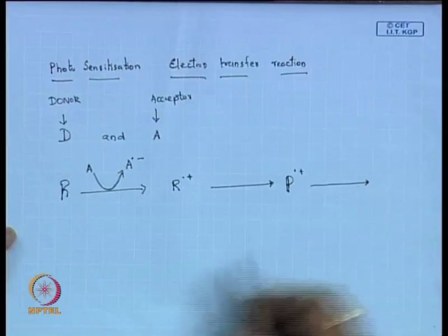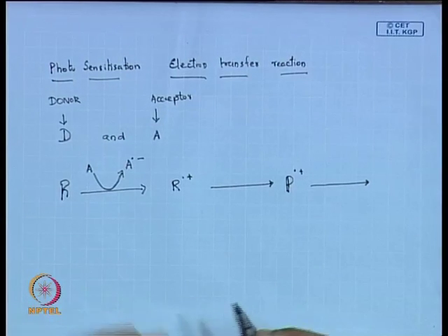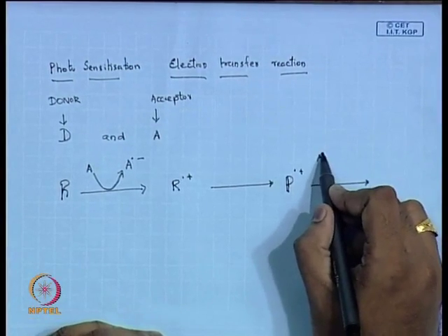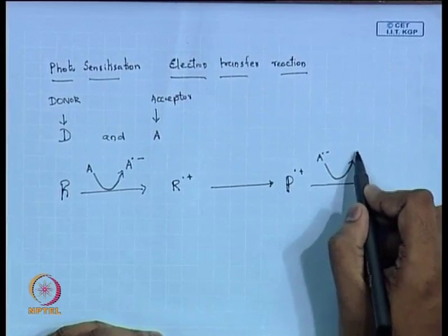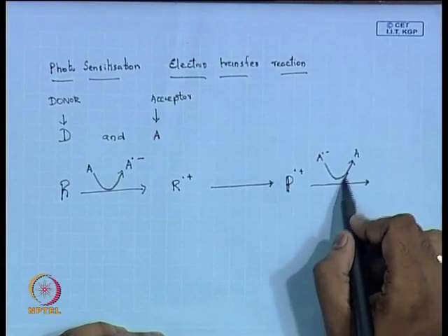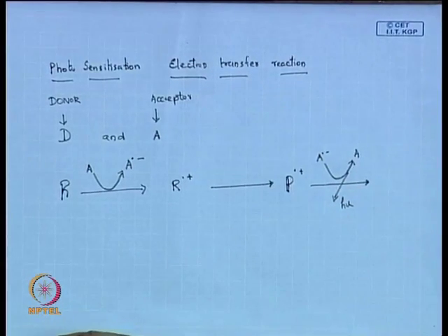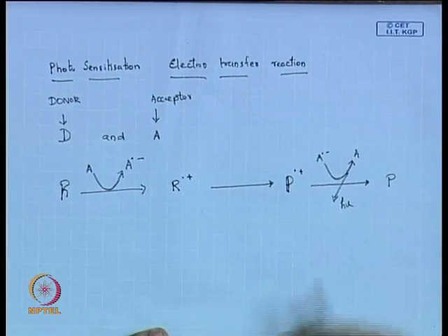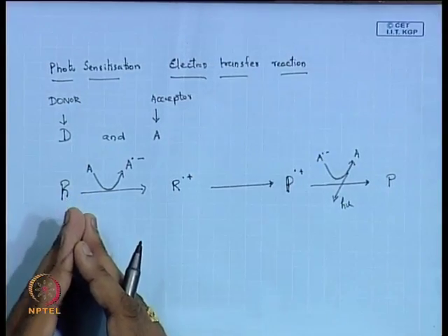Now, what happens is that the acceptor which has taken your electron comes back, gives the electron back, emitting the light out in the same way, because it has taken the light. Once it gives it back, you get my product. See, the acceptor takes the electron, okay, and at the end it gives the electron back and remains in the system. So, it is like a catalyst most of the time, okay.